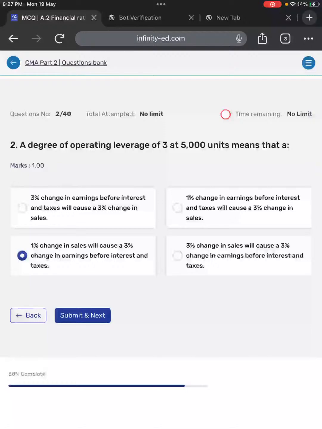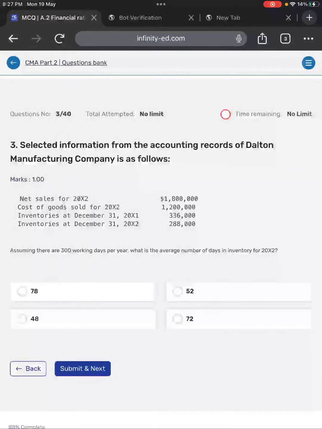This will be option C. Option C will be the answer.